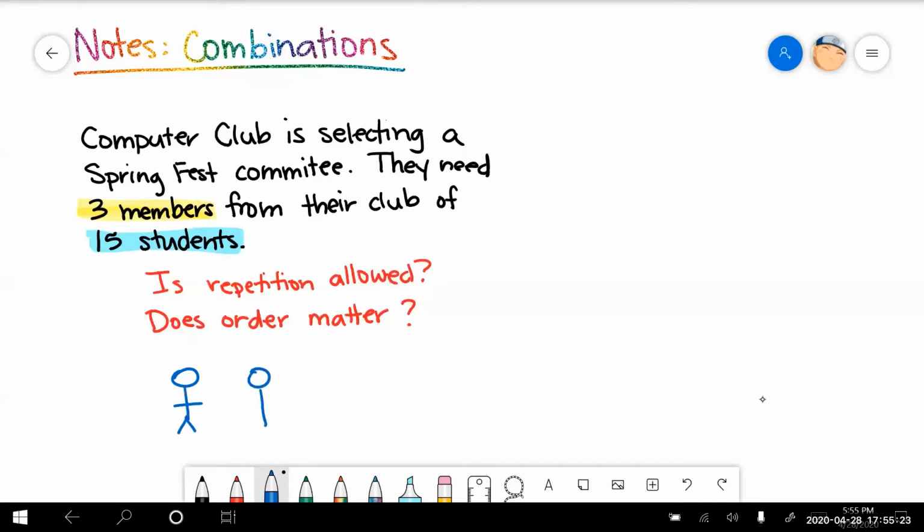Maybe they're doing advertisement. Maybe they're splitting the job of who's bringing food or organizing food for SpringFest. Maybe they're trying to find some sort of product to celebrate their club. It's kind of like International Day. So these 3 people are responsible for setting up their booth for SpringFest.